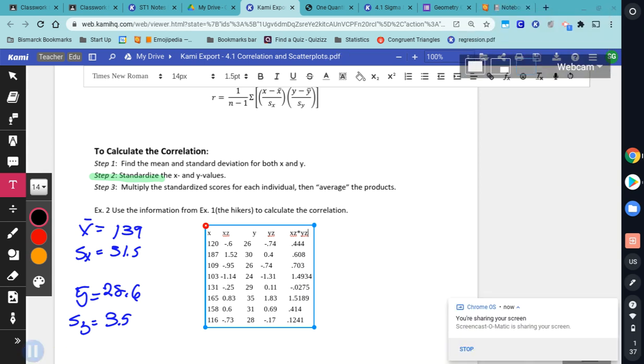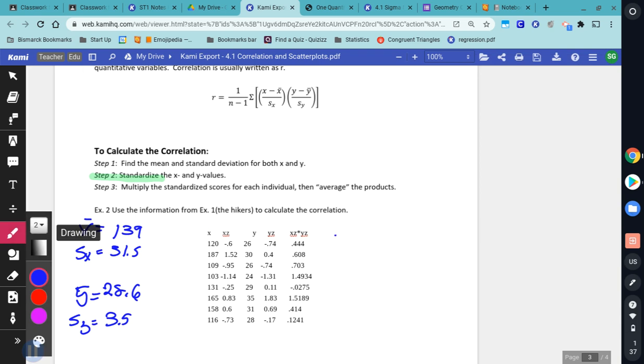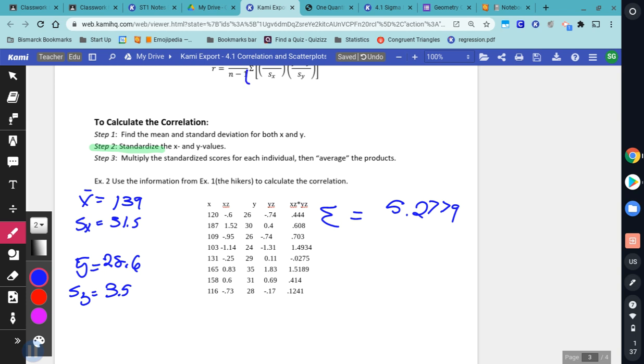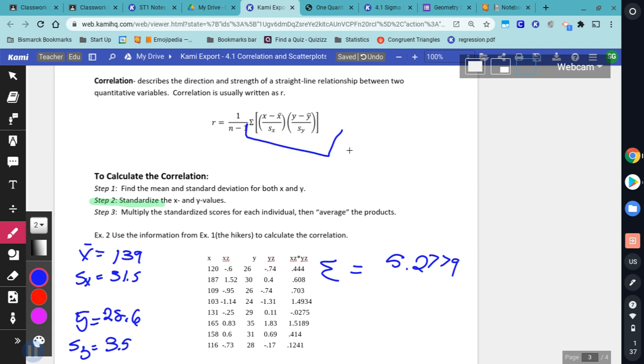When I added them all up, I got sum equals 5.2779. So that is this part right here. It's the sum of all of the standardized scores multiplied together.